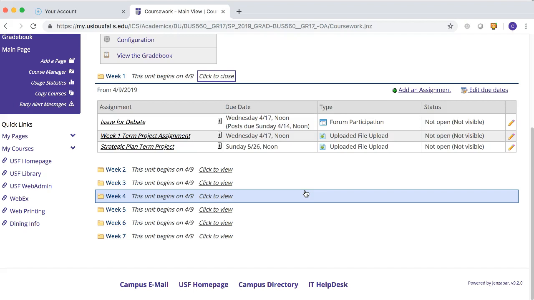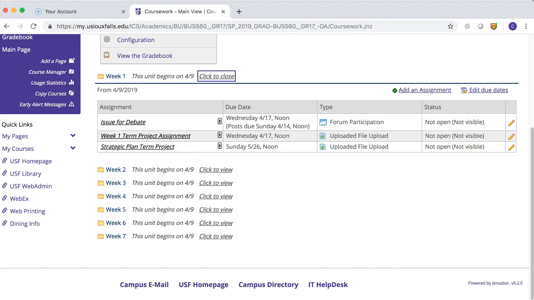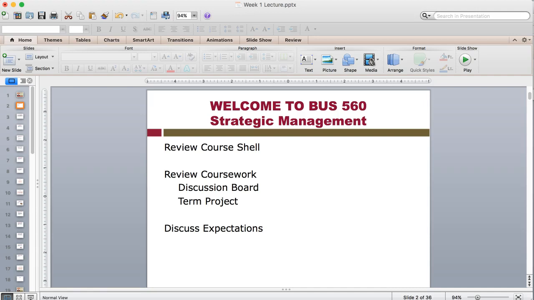If you do good work all week, every week, by the time you get to the end of the class, basically you'll be editing 4 or 5 papers into a single coherent strategic plan. And so it's important that you do these weekly projects as well as you can, because it will save you in the long run.